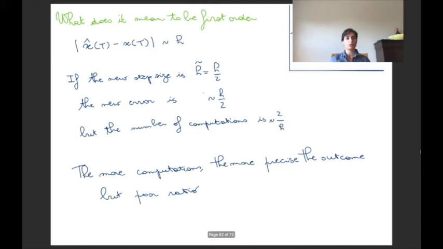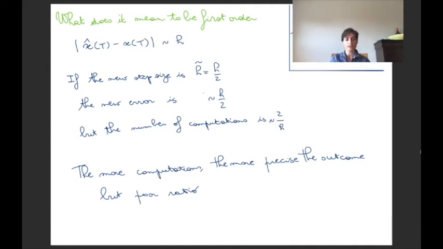That means that we want the error to be more precise. A first order method means that the error between the approximation at time t and the exact value at time t is roughly h. So when we halve the step size, the error is also halved.